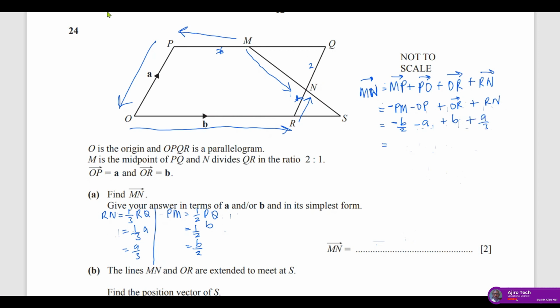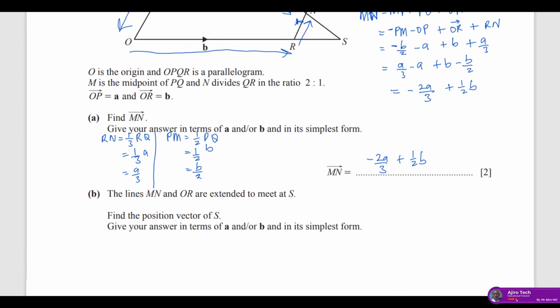I can rearrange and say that A over 3 minus A plus B minus B over 2 gives me negative 2A over 3 plus B over 2. So negative 2A over 3 plus B over 2 is the solution.